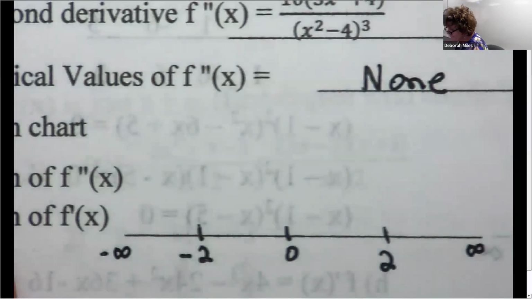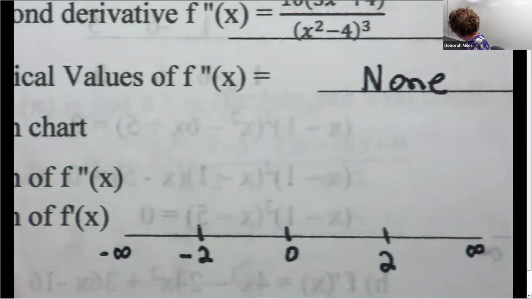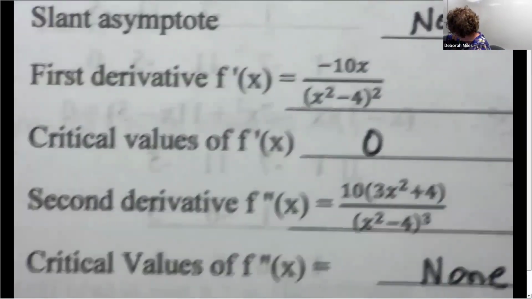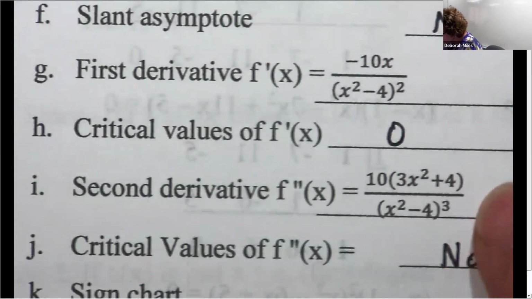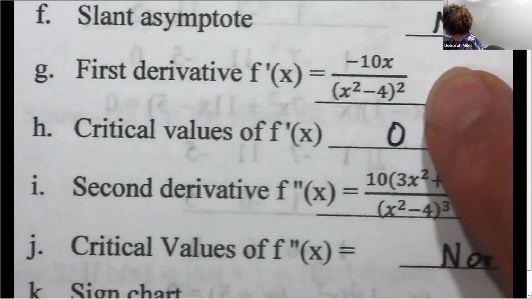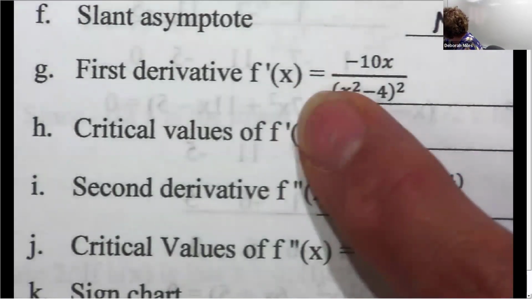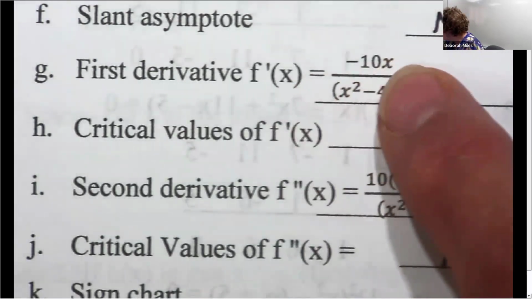And I'm going to look at first the sign of the first derivative in each interval. So here's my first derivative. What do you know about the sign of the denominator? Always positive. So really, I only care about -10 times my test point.